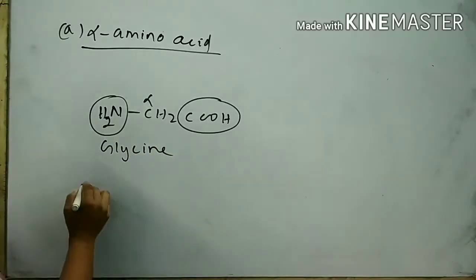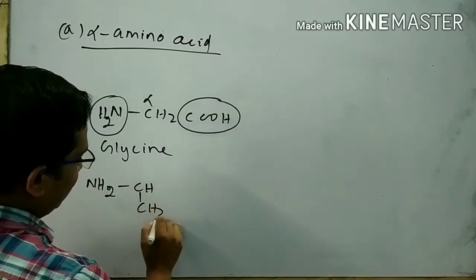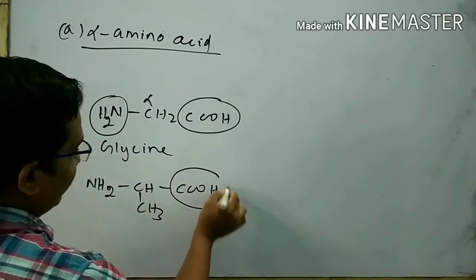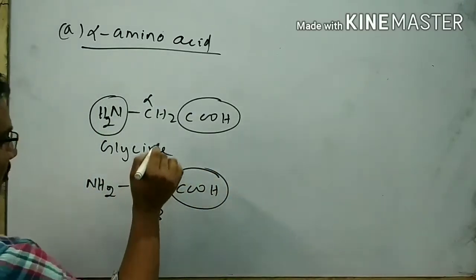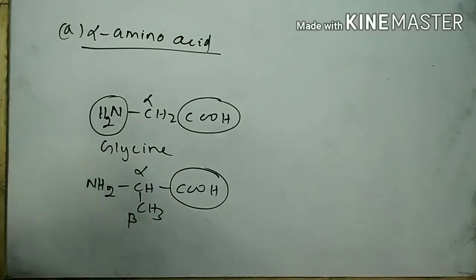Similarly, you can take another example, NH2-CH(CH3)-COOH. Look at that, this is the carboxylic group and this carbon is considered the alpha carbon with respect to this group, and this is the beta carbon with respect to the COOH group.